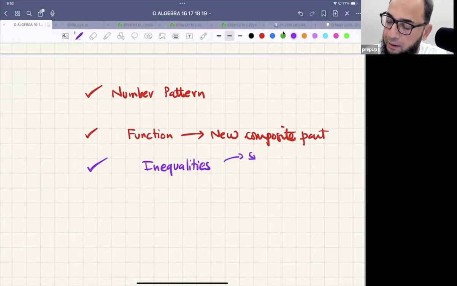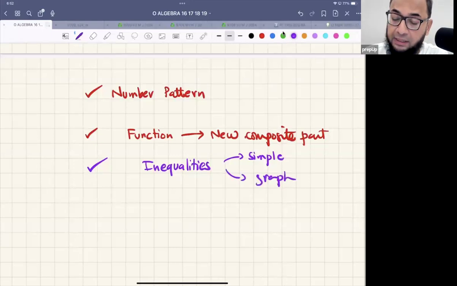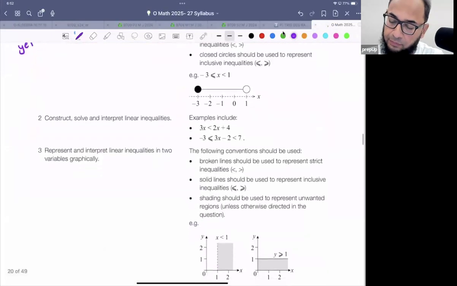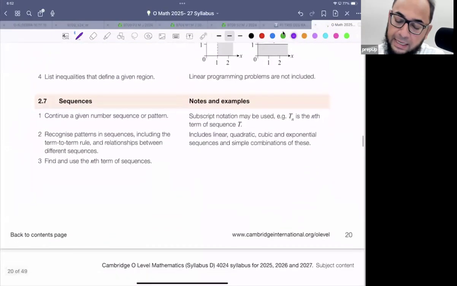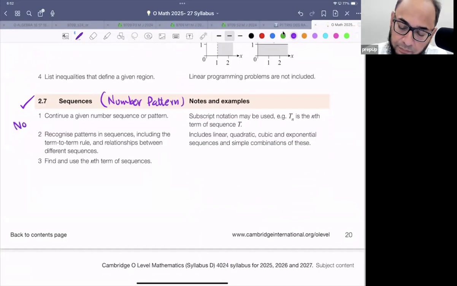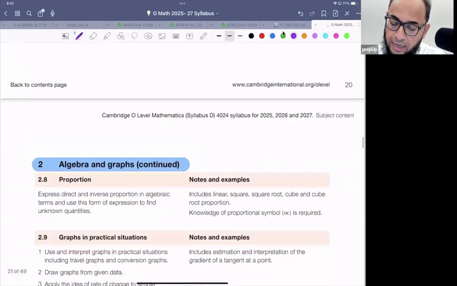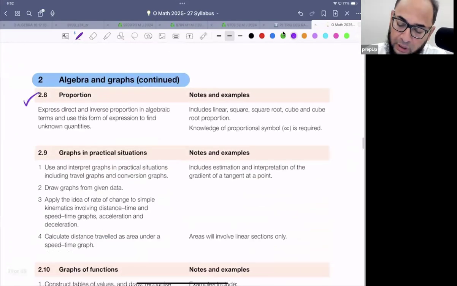This is simple. And then we have the graphical thing. So that thing is not done. And what else is there? So everything related to that. Sequences, this is number pattern. So sequences, number pattern, not yet. And then proportion, it's all done.